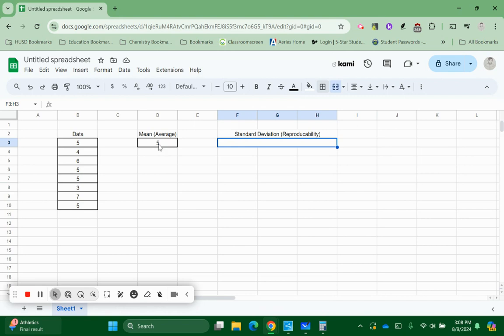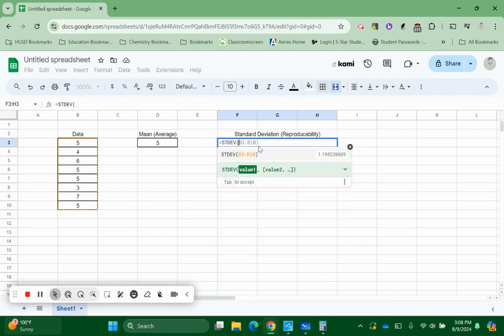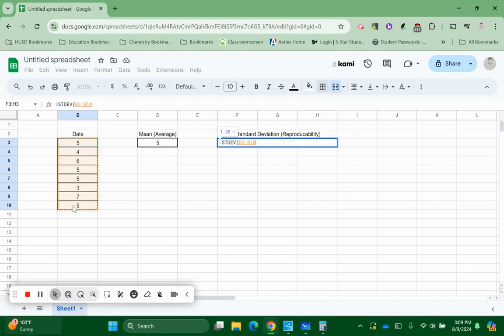So I'm going to calculate this the same exact way as I did my previous one. The only difference is instead of typing average, I'm going to type ST. And when I do that, STDev pops up. That's the standard deviation. And you see the same open parentheses, so I'm going to highlight again. I'm going to close it off.